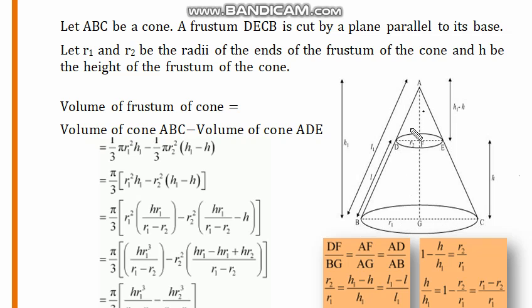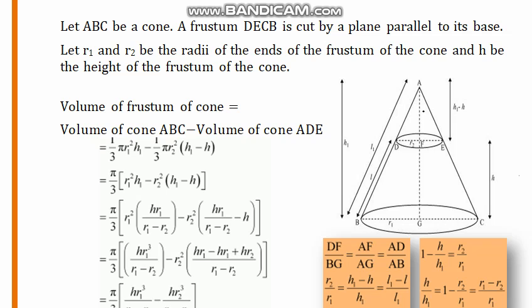So these two are similar triangles, and the ratios of their corresponding sides are equal. So DF divided by BG equals AF divided by AG equals AD divided by AB. Substituting the values, DF is R2, BG is R1, AF is H1 minus H, AG is H1, and AD by AB is L1 minus L divided by L1.